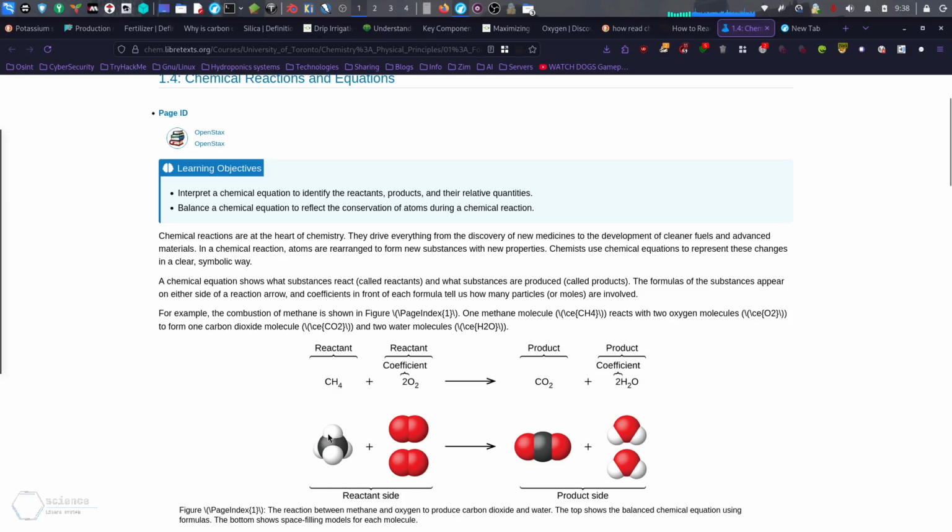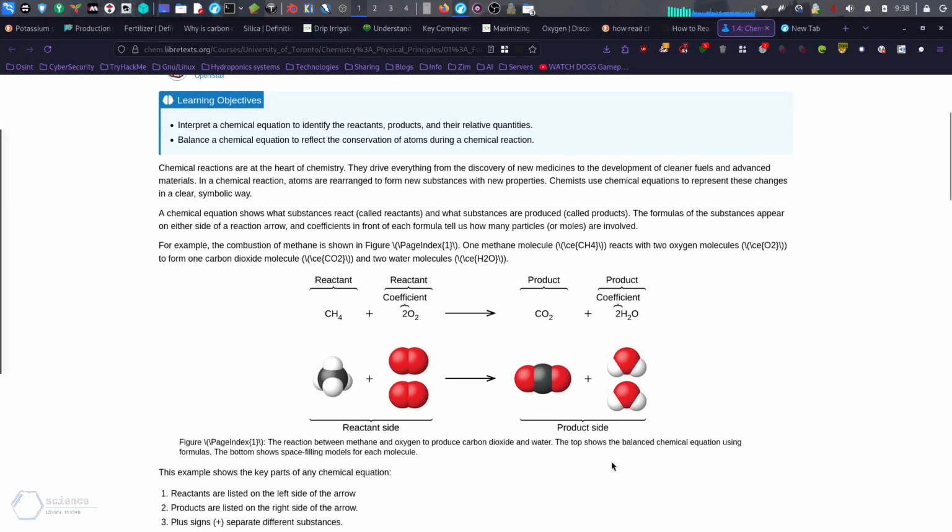One methane molecule reacts with 2 oxygen molecules to form 1 carbon dioxide molecule and 2 water molecules. Reactant side, product side, reactant 1, 2 molecules of oxygen. This oxygen is 1 atom, second atom, or just a molecule, 2 molecules.